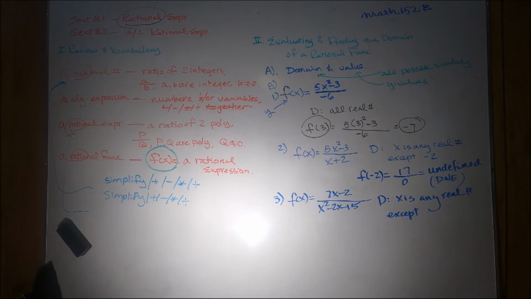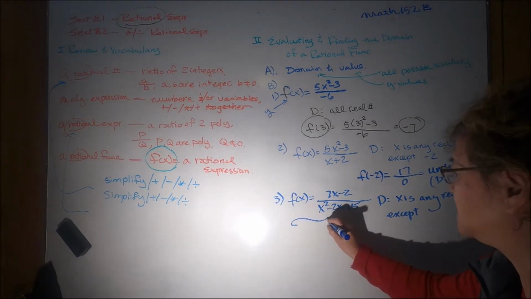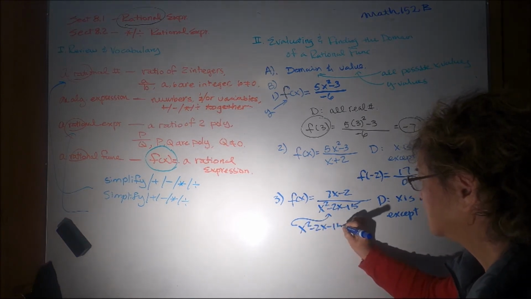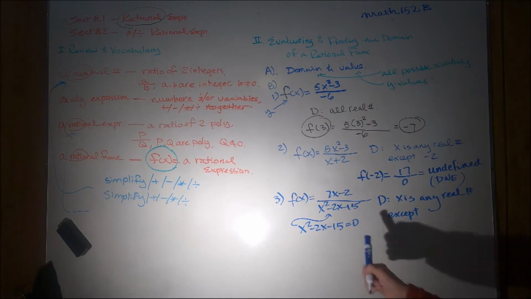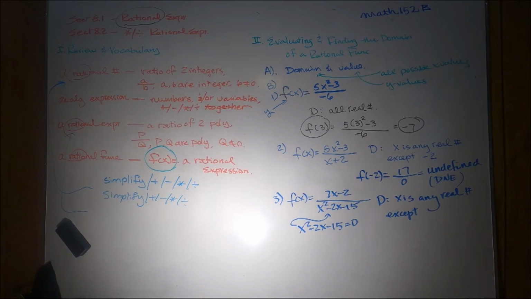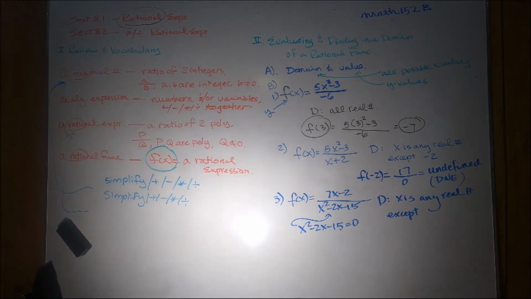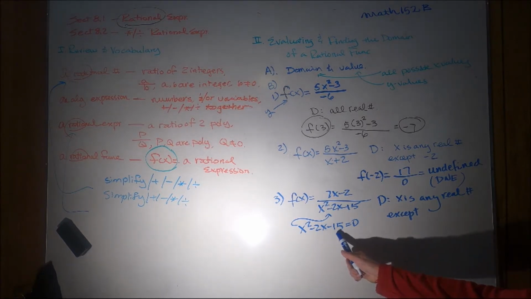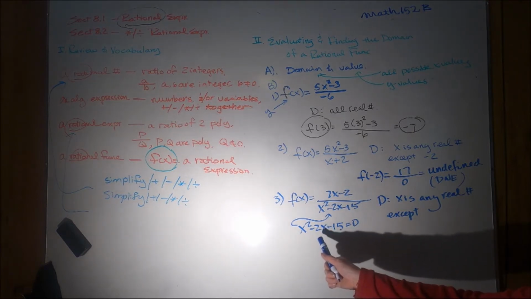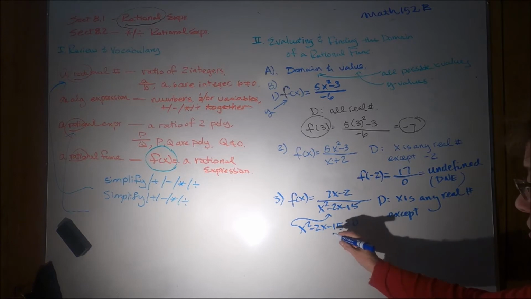So you need to figure out what kind of things will make the denominator 0. How do you find which numbers will make it 0? What kind of equation do we have here? Do we have a quadratic equation? So how do you find it?